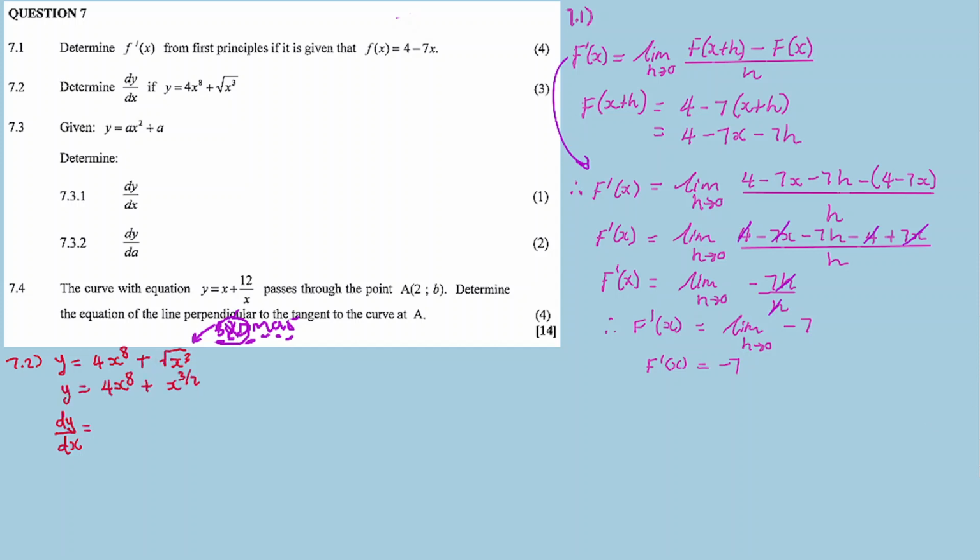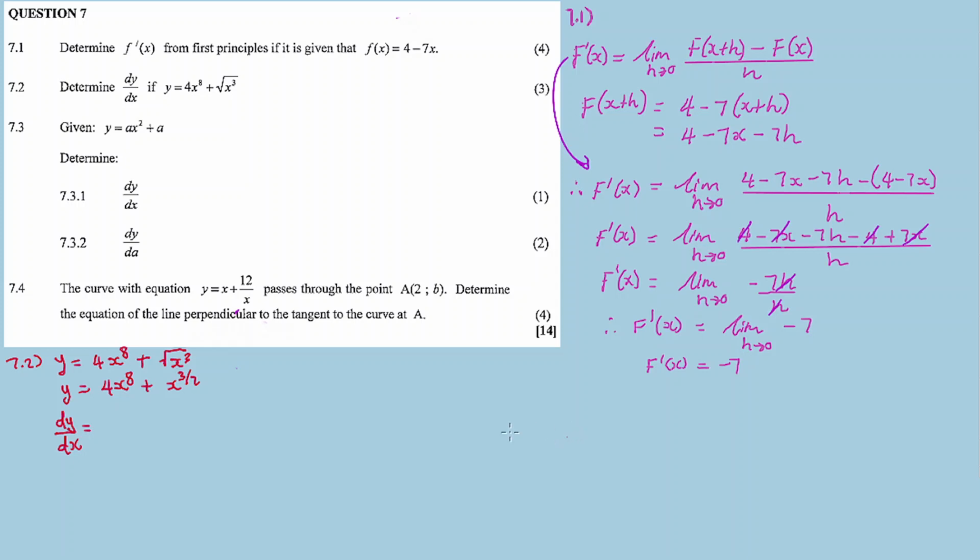The square root we can write as 3 over 2. The square root is 1 over 2, so 1 over 2 times 3 is 3 over 2. This 3 over 2 comes about because half times 3 is 3 over 2.